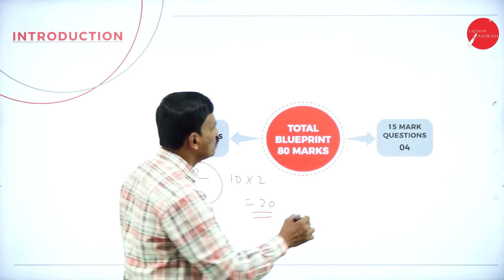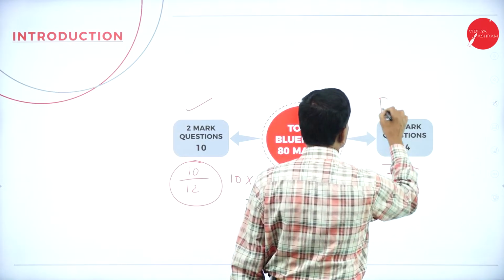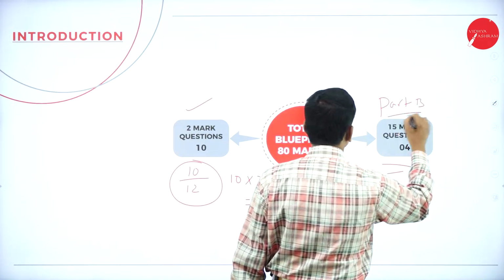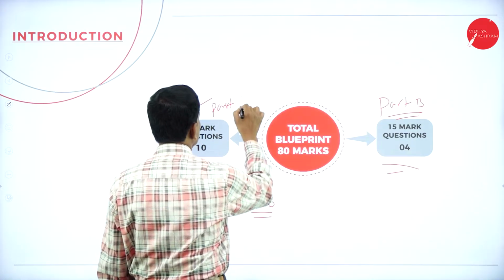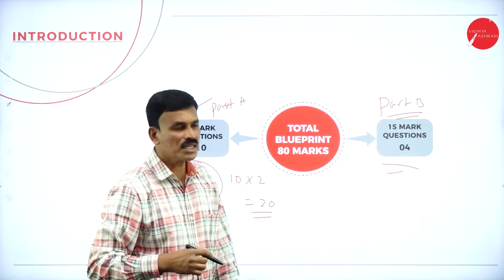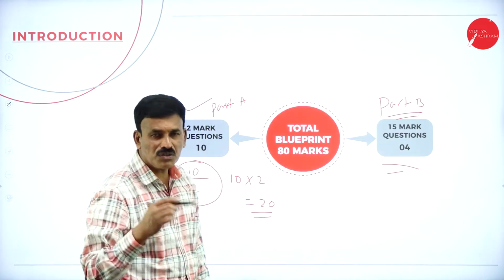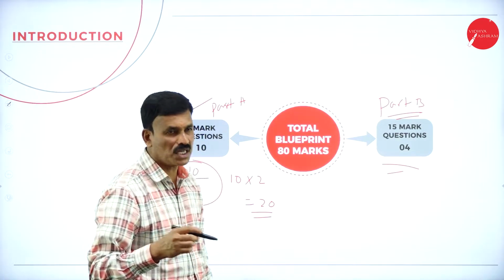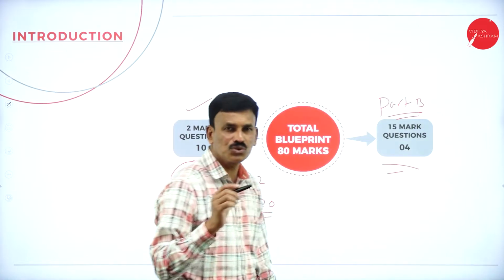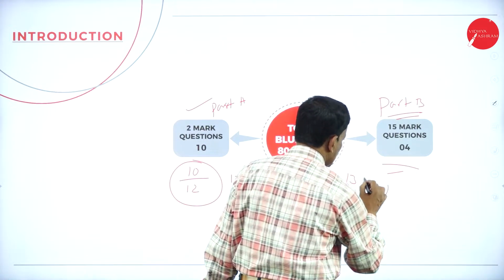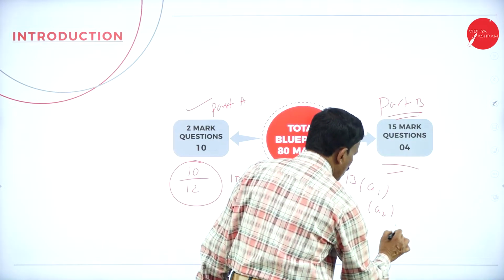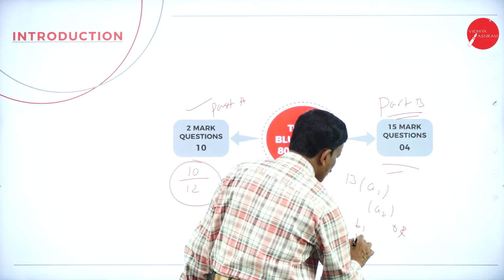This is part A, only 2 mark questions, whereas in part B you are going to answer 4 full questions. Each question carries 2 sub questions. Say for example question number 13, which contains A1, A2, or which contains B1 and B2.